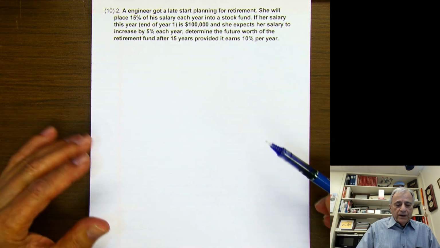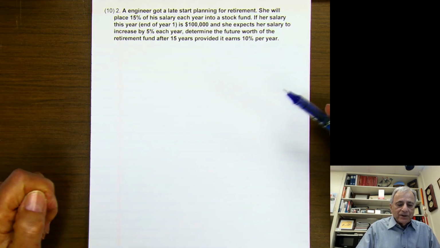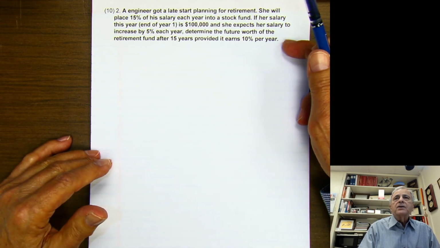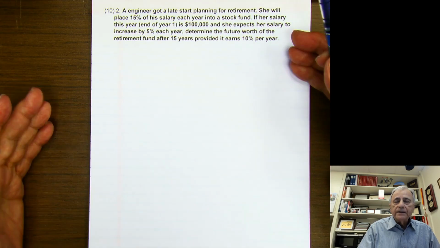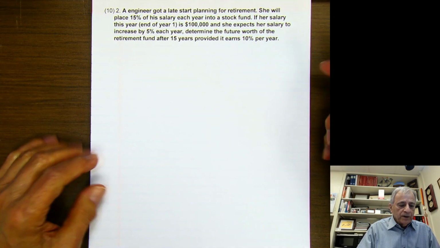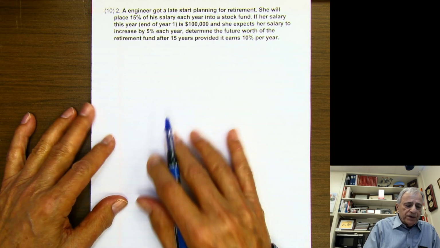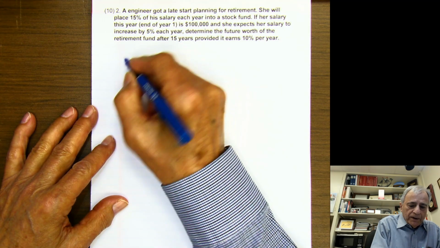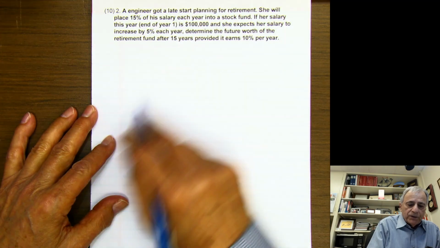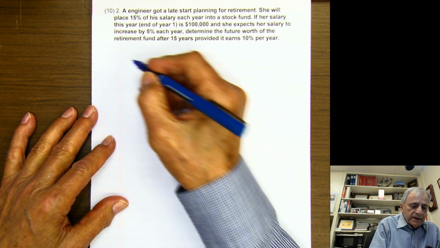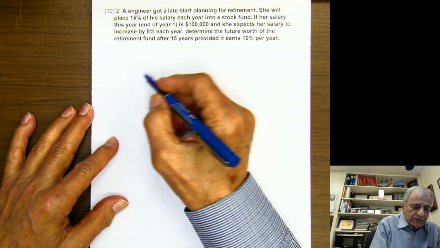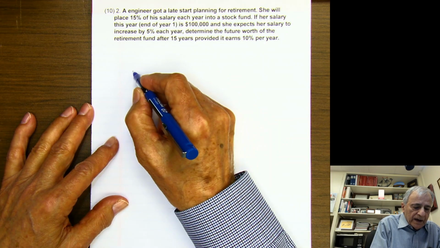So now we've got a lot of percentages here, so let's keep them all straight. This is the rate of return on her investments. So now to get the general formula for the future worth of a geometric series, first of all, let's draw this thing up.